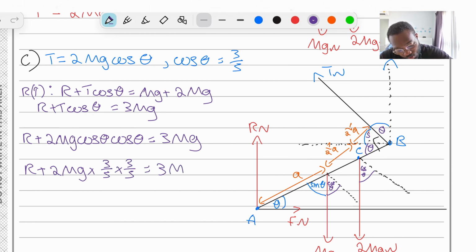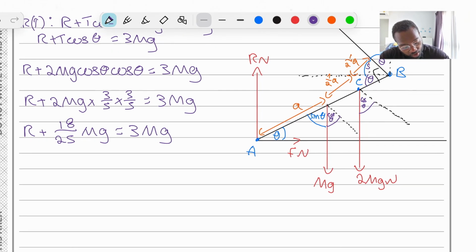And then we can just work this out. If you do 2 times 3 over 5 times 3 over 5, you will get R plus, 2 times 3 over 5 is 6 over 5, then 6 over 5 times 3 over 5 is 18 over 25 mg, and that's equal to 3mg.